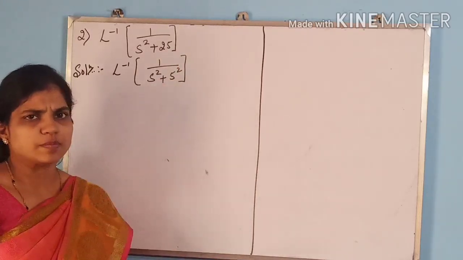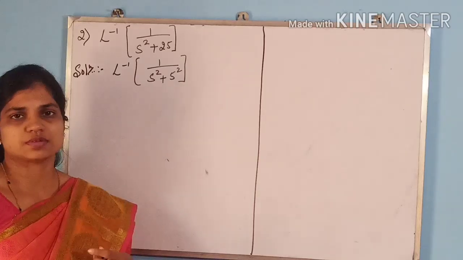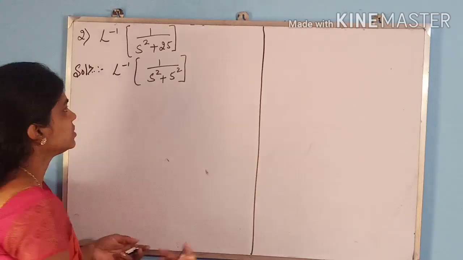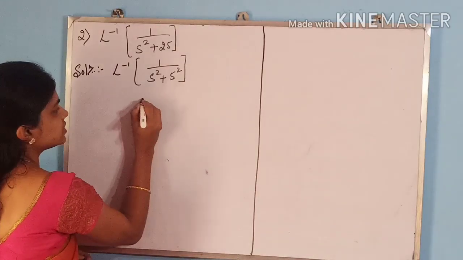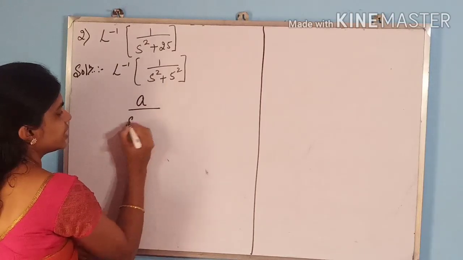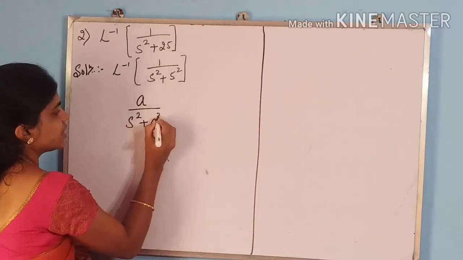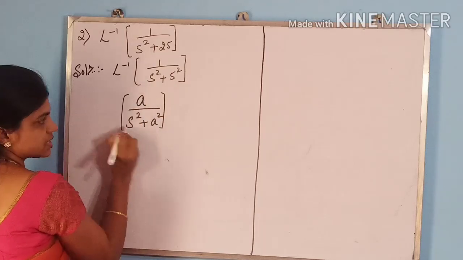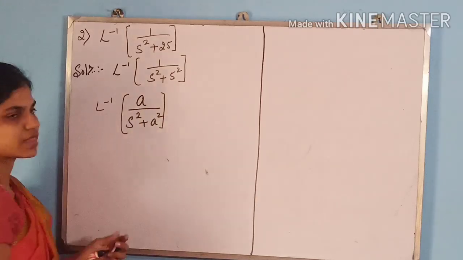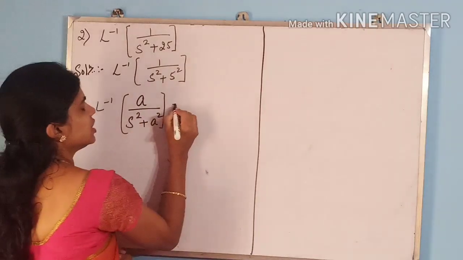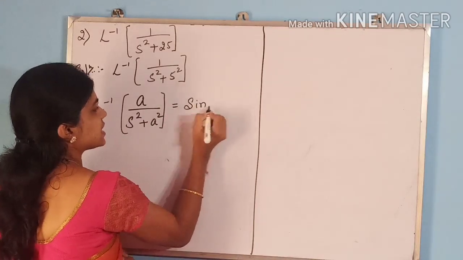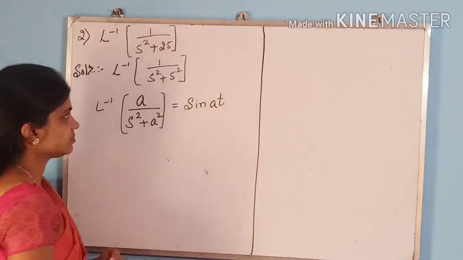But do we have a formula where we have 1 divided by something? Okay, we have a formula here wherein we have a divided by s square plus a square. This is looking somewhat similar. So this is equal to sine at.